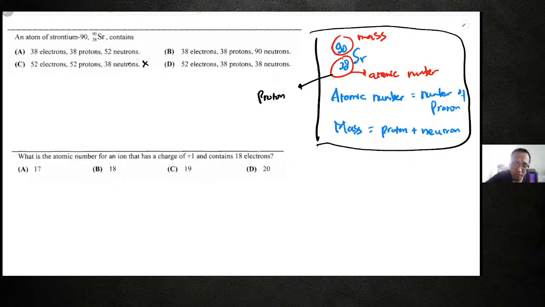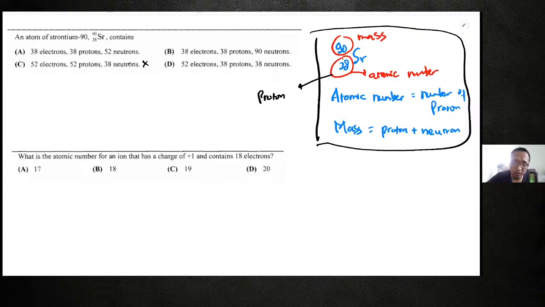This choice is incorrect. How about the others? All of the choices have the same proton number, 38, so we couldn't determine directly. So we have to eliminate another option.